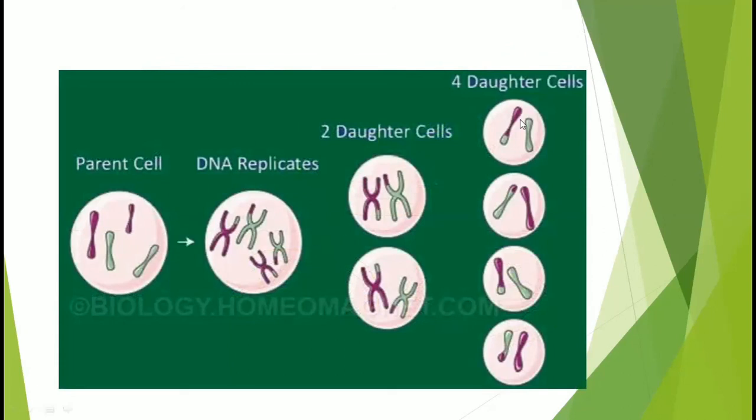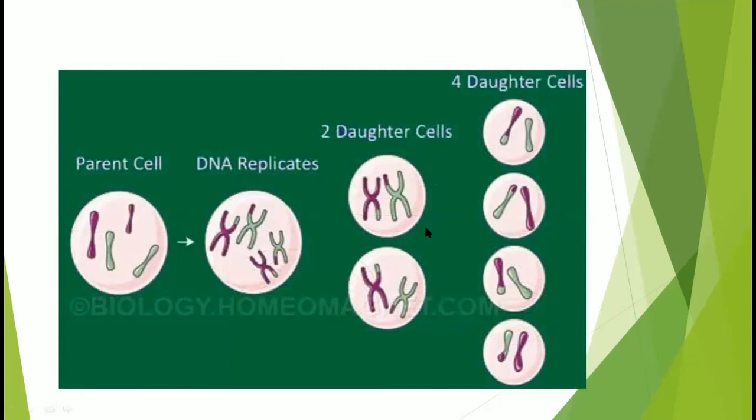In meiosis 2, the division occurs by the separation of recombinant sister chromatids, and four haploid cells are formed. The process of gamete production and sperm formation occurs in meiosis. In this type of cell division, four haploid (n) daughter cells are formed, unlike mitosis, which forms two diploid cells.